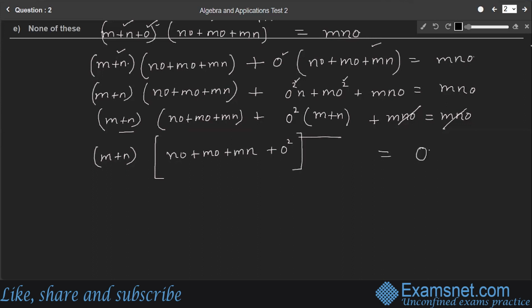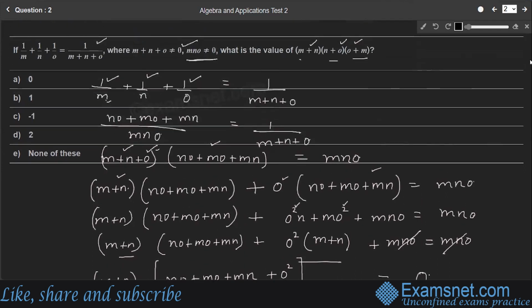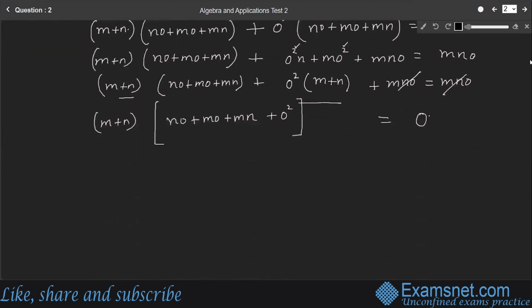mno minus mno is 0, right? So here we have the m + n term. In the question, we have n + o also, right? So take the terms in which o is common, so we'll take no and o².